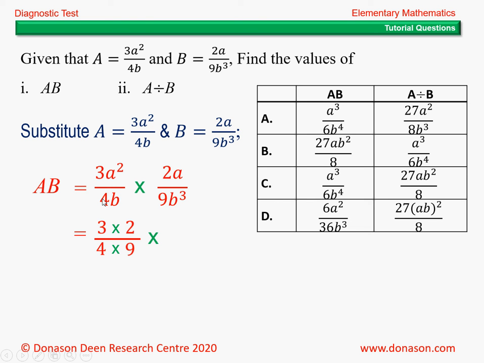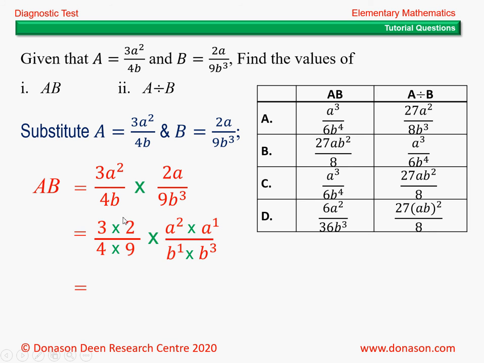I'm still left with a squared and a for the numerator, and b times b cubed on the denominator. So a squared times another a, over b to the power of 1, which is still b, times b cubed.